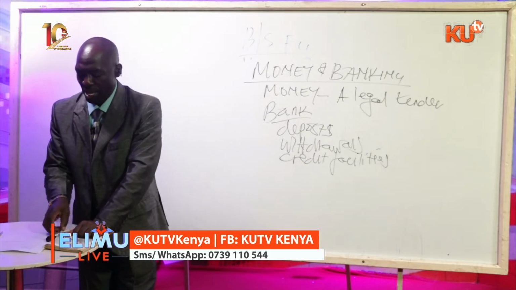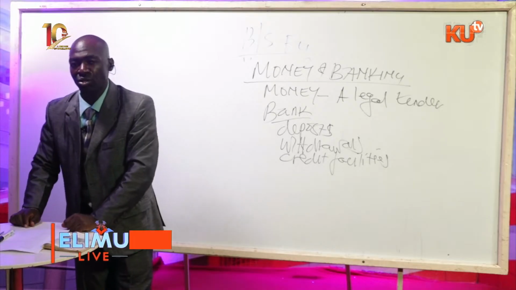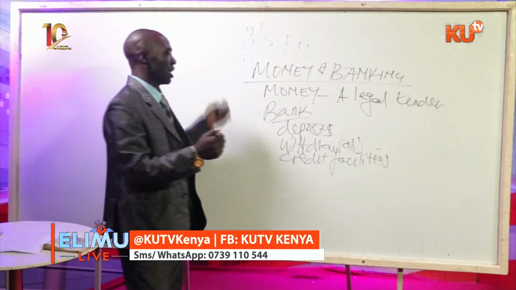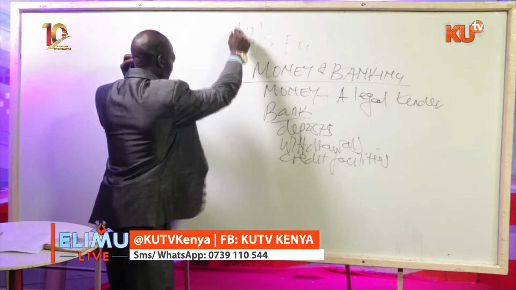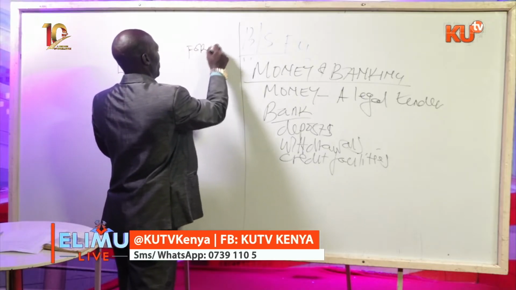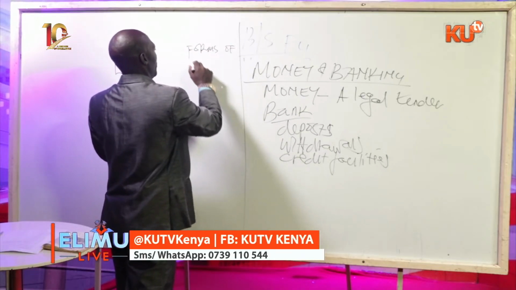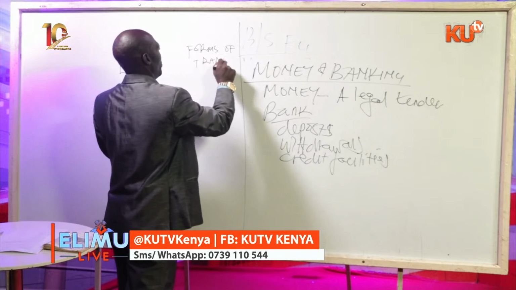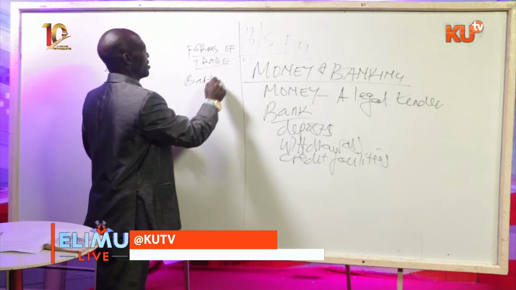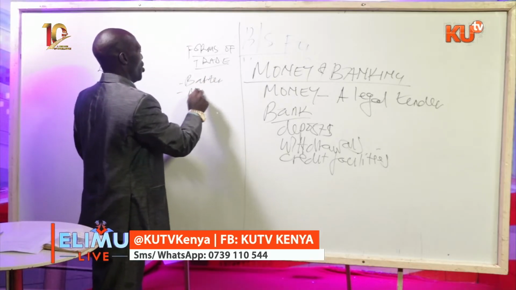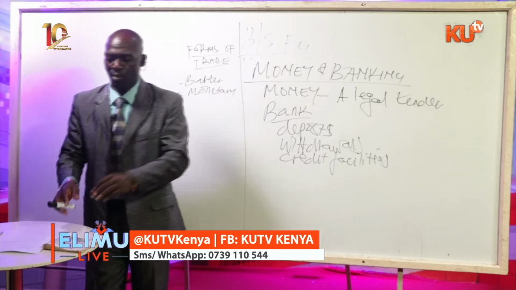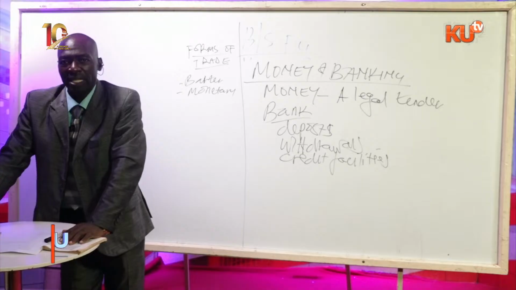Now, I want us to look at the forms of trade under money and banking. Here, I want us to look at the barter system and then the monetary system. So what is barter trade?